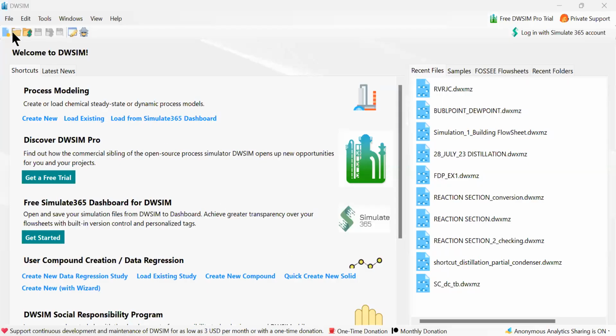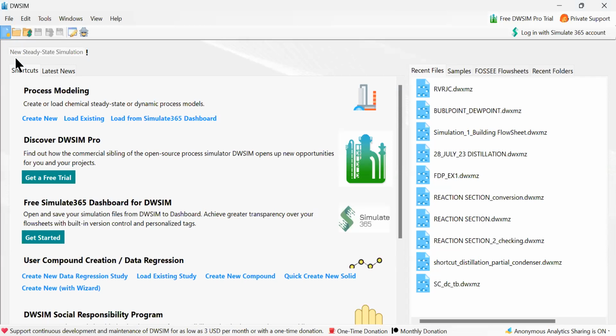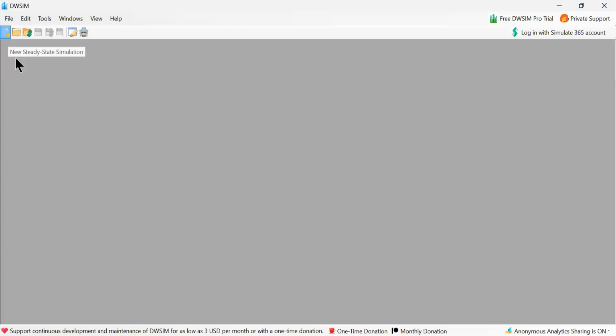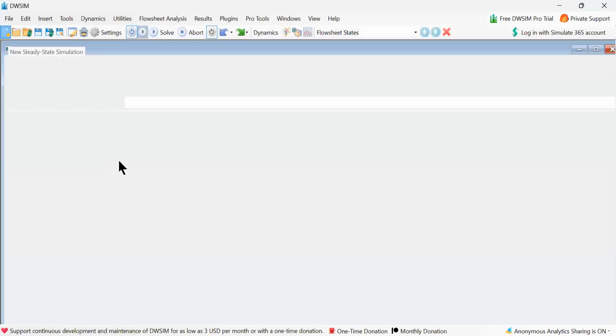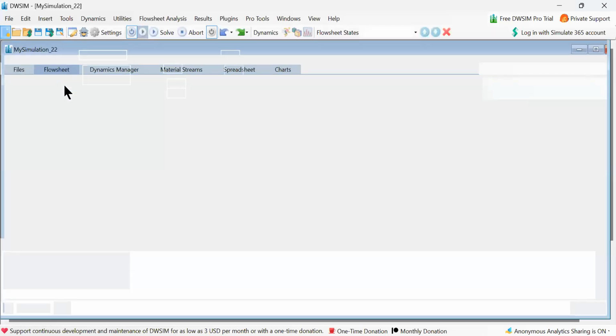Now I open a new window here. Already I think one of the files is ready. So I say new, and I quickly go through how I am trying to specify.